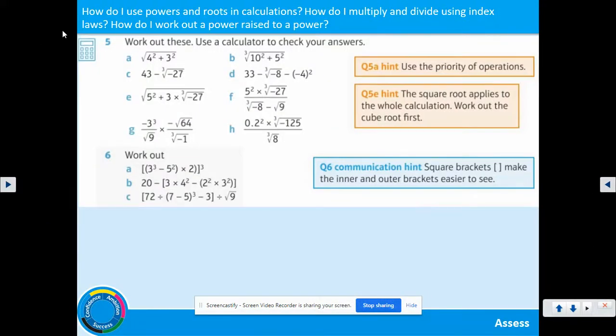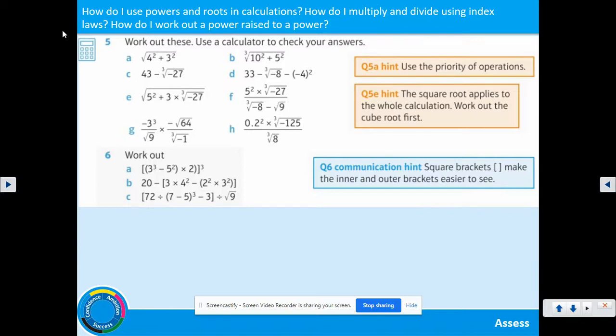Pause the video, please. Have a go at those two questions there. For question 5, you can use a calculator. You probably don't need it, but you can use it if you do. You've been given a hint for question 5a, which says use the priority of operations. So use your priority of operations. What comes first? And for question 5e, your hint is the square root applies to the whole calculation.